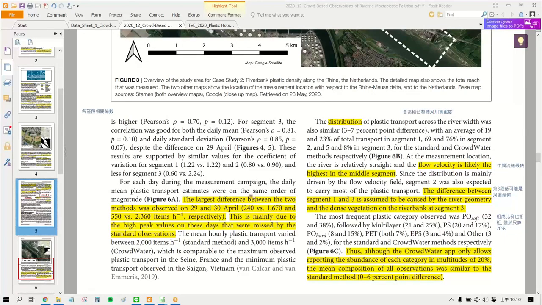And the largest difference between these two methods is in the data observed on the 29th and 30th of April. This is mainly due to the high peak values on these days that were missed by the standard observations.